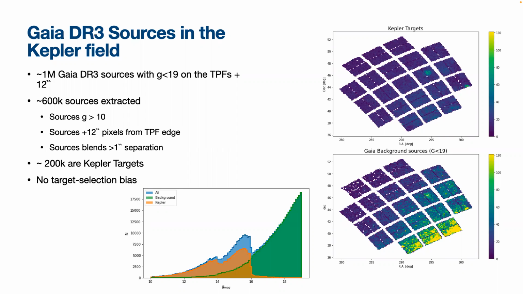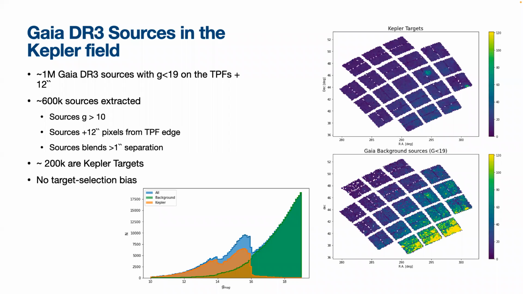Of course, we have to apply some cuts. There are some limitations. We will focus on sources that are in the linear regime of the sensor, brighter than 10 magnitudes in G, fainter than 19 magnitudes. We don't want sources that are extremely blended within 1 arcsecond of each other, because it becomes really hard to then separate them.